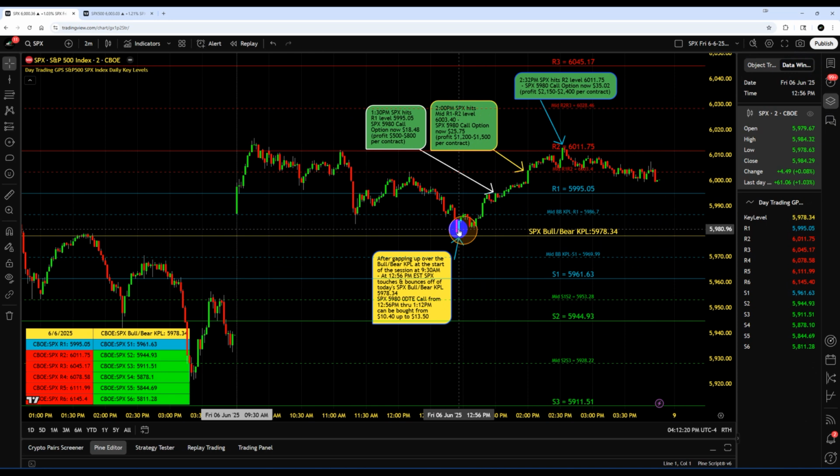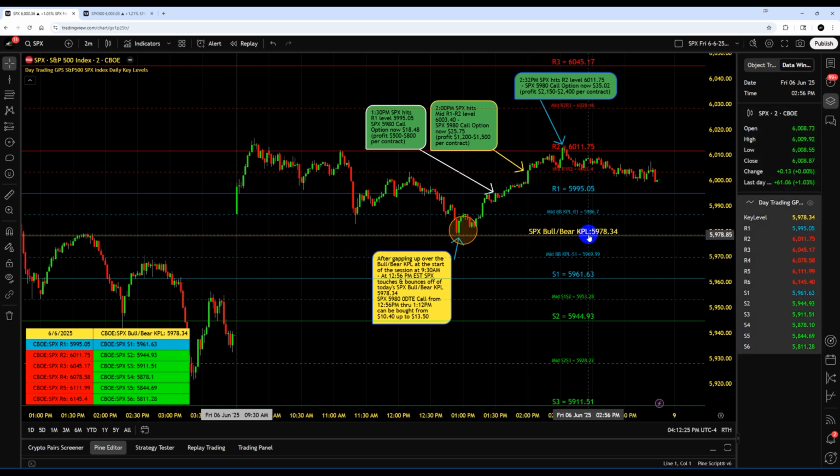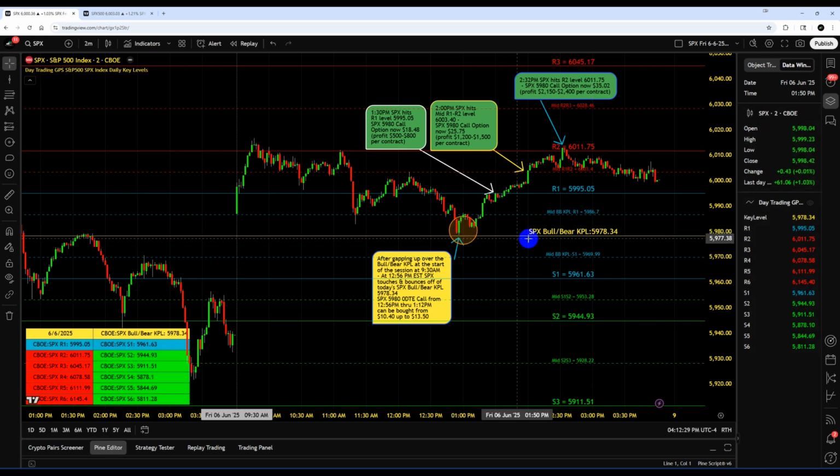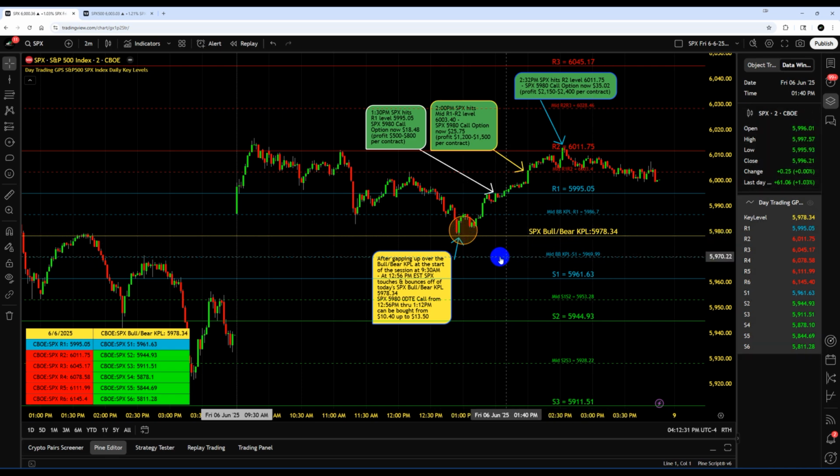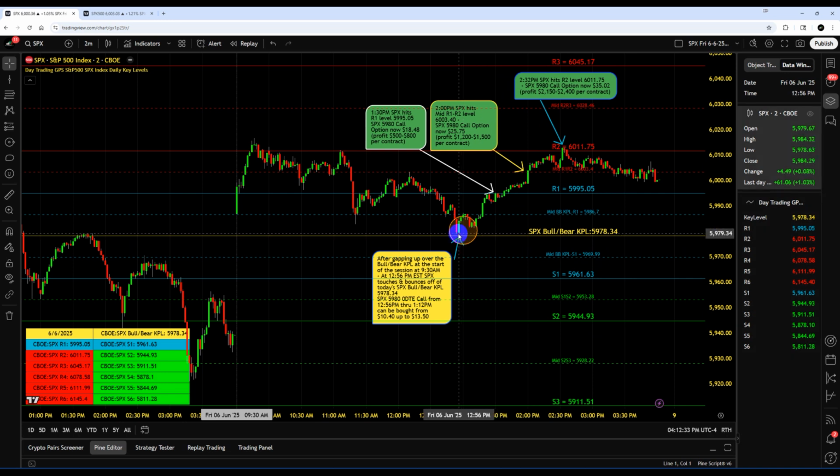So that is basically 29 cents above the bull bear key price level for today. That was the low of this candle and the low of the session. So we have a touch and move, or almost a touch, but moving back up and closing above the level here.